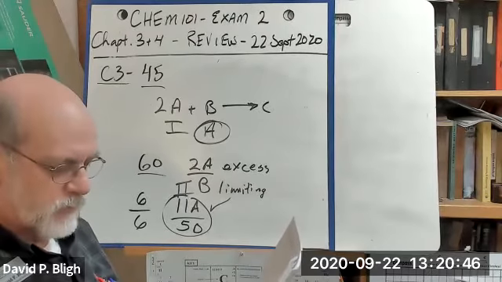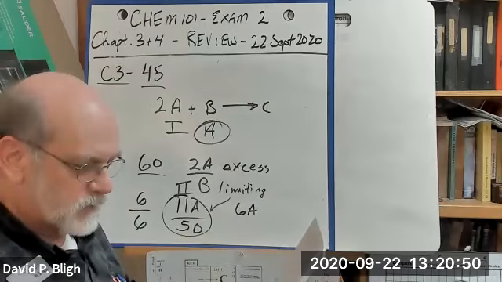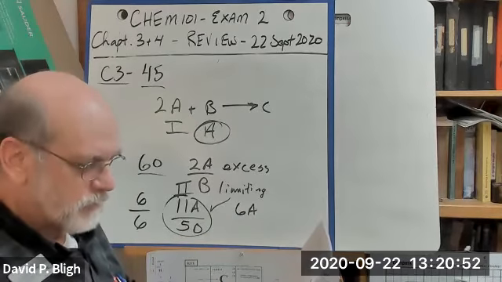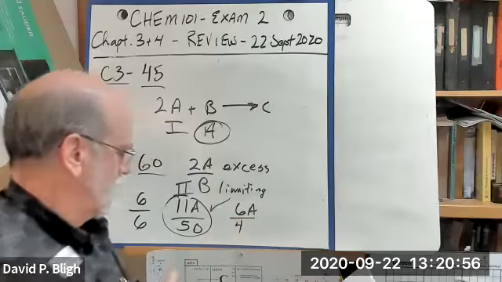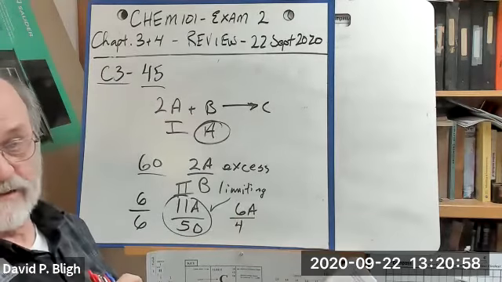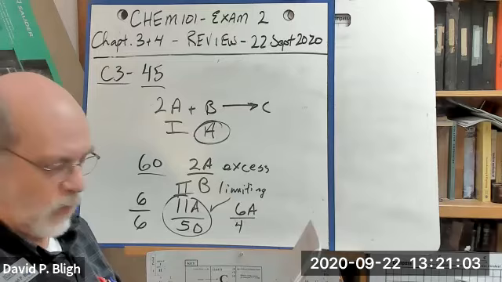Let's see about 3. 1, 2, 3, 4, 5, 6 A's, and 1, 2, 3, 4 B's. Right. That's less than 2 to 1. 2 to 1 would be 8 to 4. So Roman numeral 3 can't work.